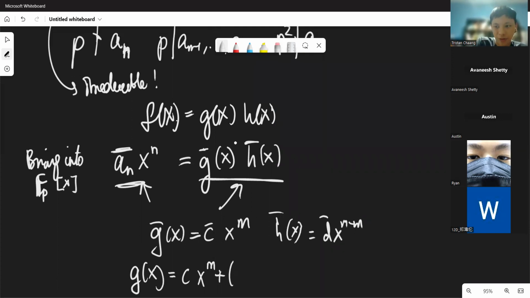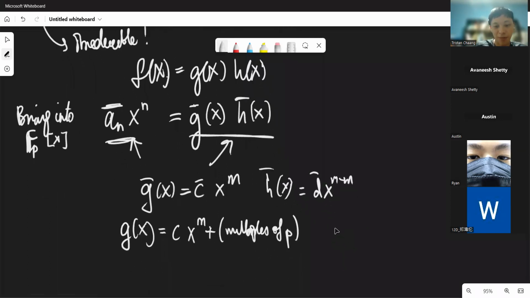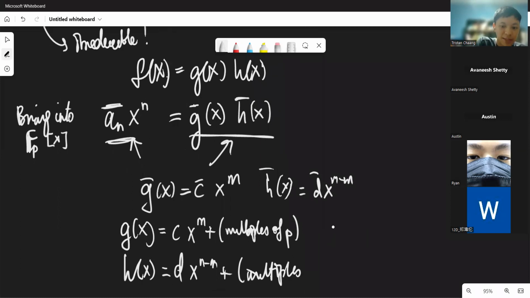So the lower coefficients are all multiples of p. I don't know how to write it in a simpler way, but yeah, the lower coefficients are all multiples of p. h(x) is d times x^(n-m) plus multiples of p for the lower terms. Is that possible?